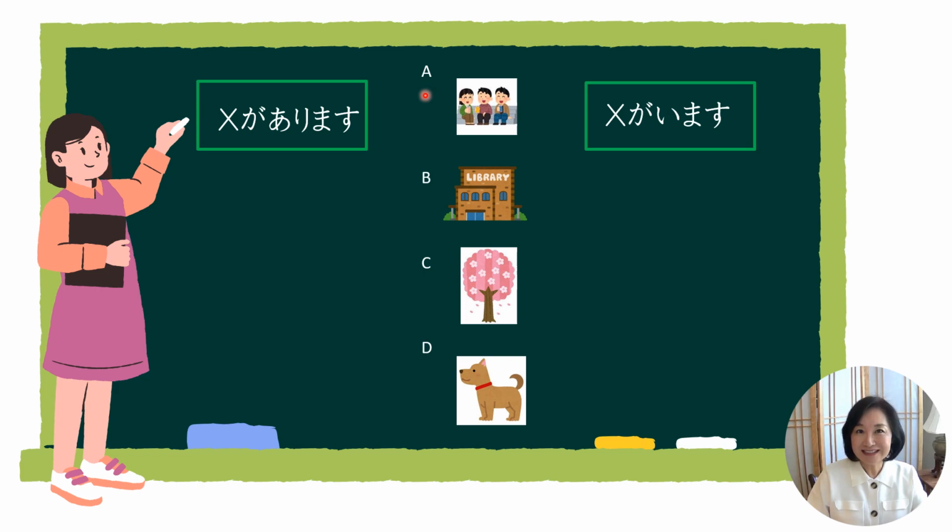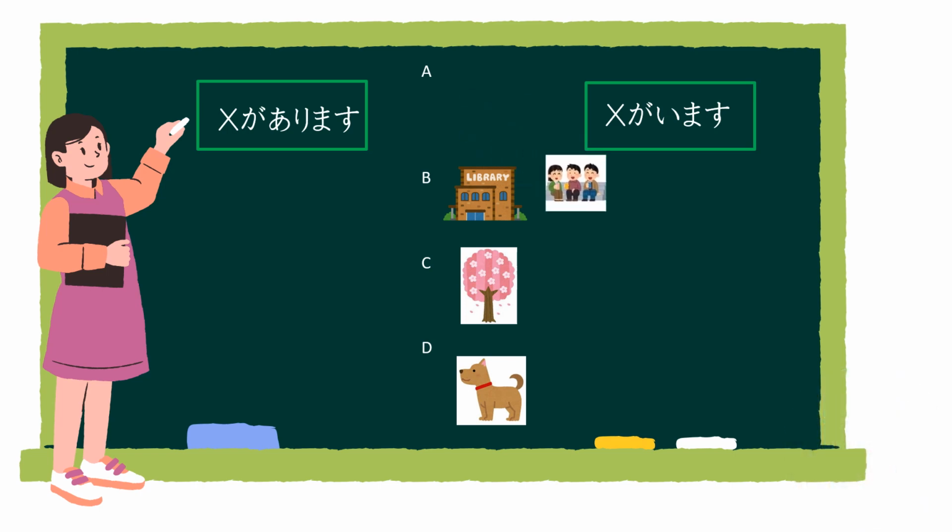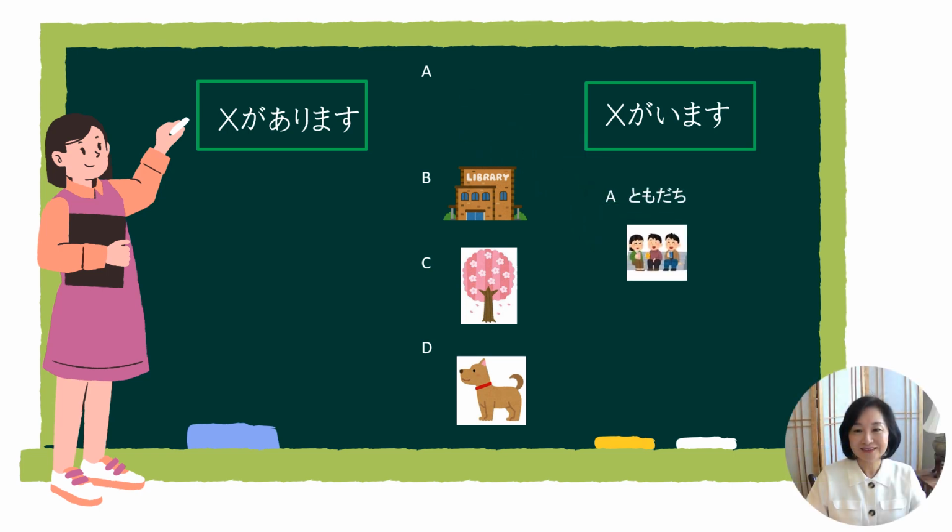A. Friends. 友達. How do you say they are friends? 友達がいます。How about B? Library. There's a library.